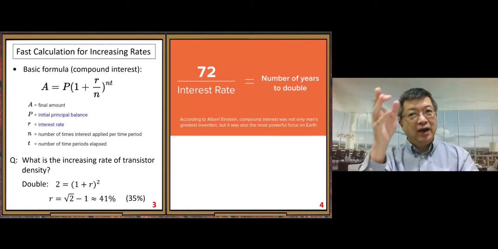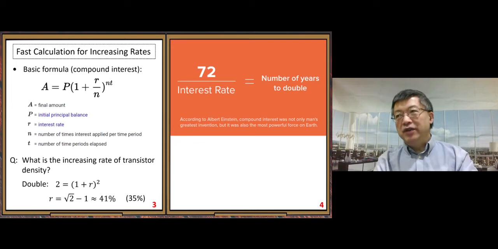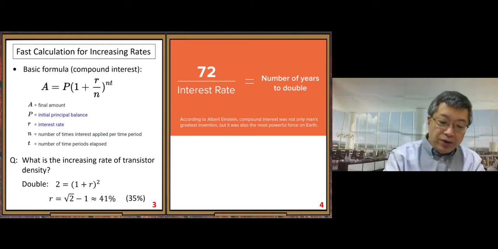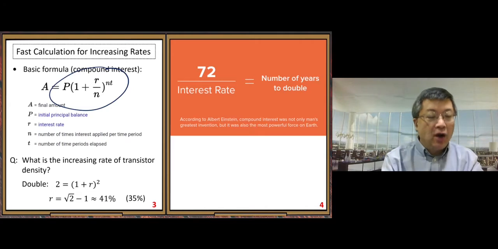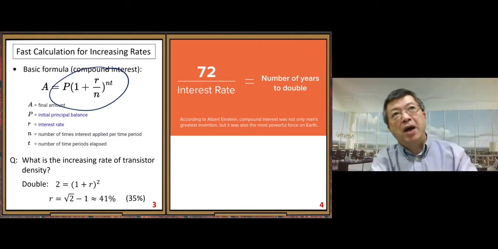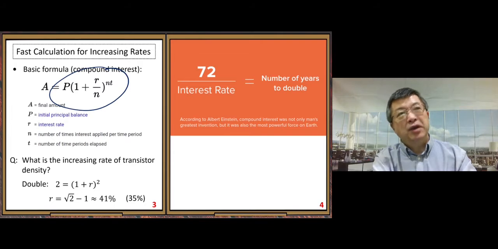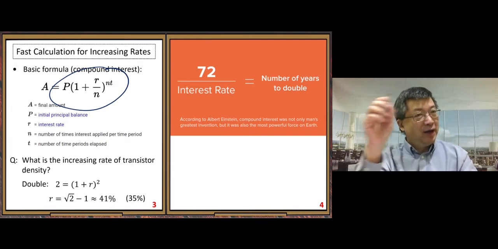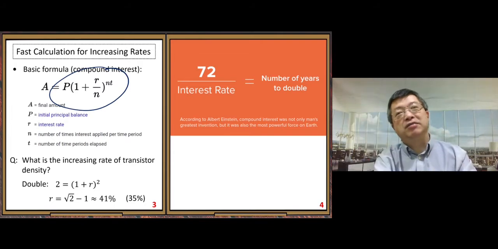What's that rule of 72? If you want to calculate the increasing rate using the original compound interest formula, it is pretty difficult. What I mean is you have to use a calculator to do the calculation.